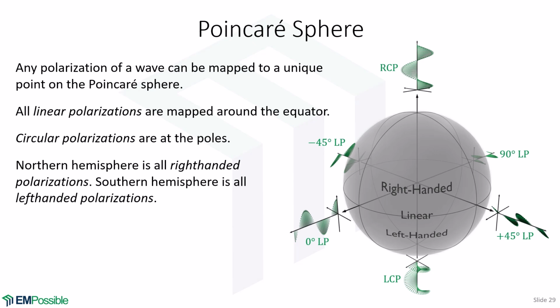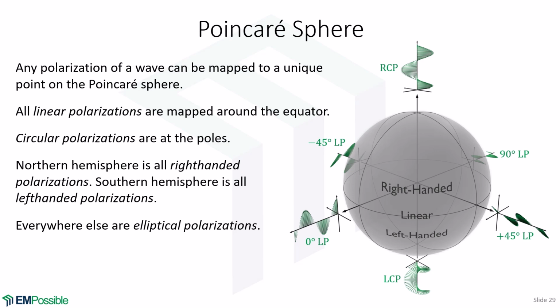I shouldn't call it circular, because only the poles are circular. It's elliptical everywhere else, but right-handed in the northern hemisphere and left-handed in the southern hemisphere. So really everywhere on this sphere, except exactly on the equator and exactly at the poles, are elliptical polarizations.